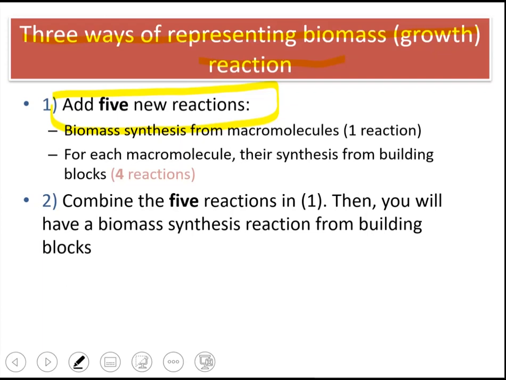You will add 1 reaction for the synthesis of biomass from macromolecules, and for each macromolecule, lipid, protein, carbohydrate, and nucleic acids, you will add their synthesis from the building blocks. So in total, you will have 5 reactions. If you add those 5 reactions to your reaction list, now you are ready for making simulations.